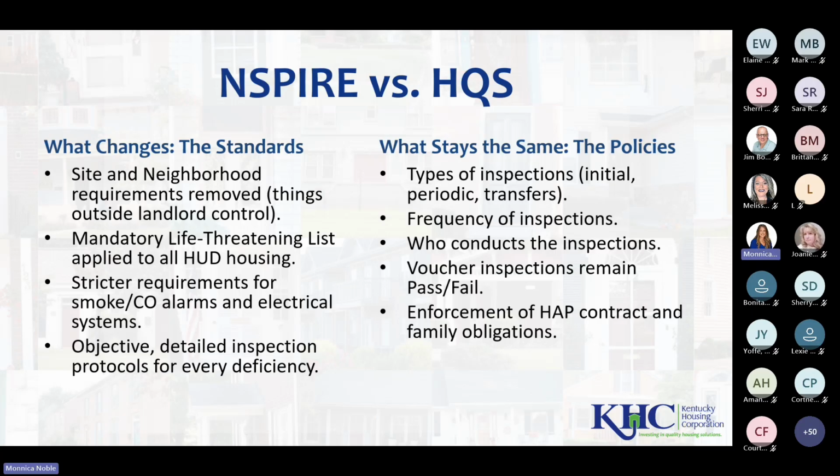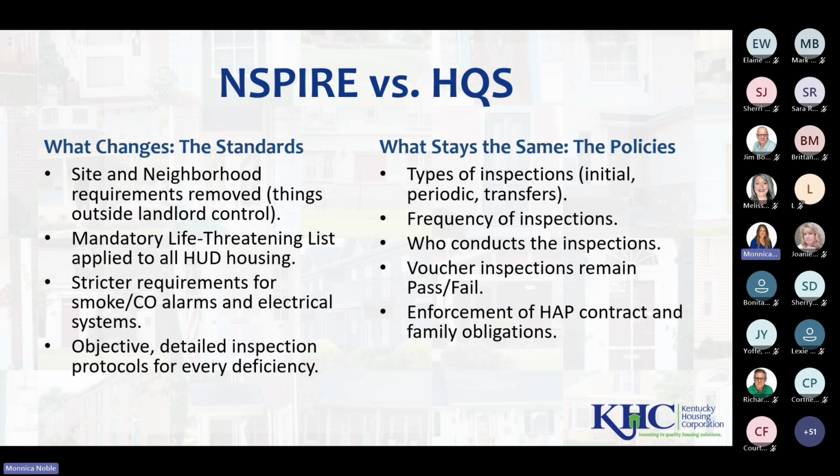And then what's going to stay the same is policies such as the inspection type. If it's an annual inspection, it's still going to be an annual or an initial. And then the frequency, that will stay the same. If you do your inspections once a year, every other year, those periodic inspections will remain the same.